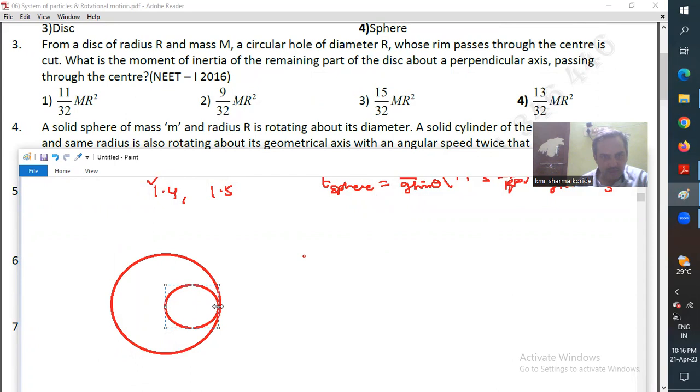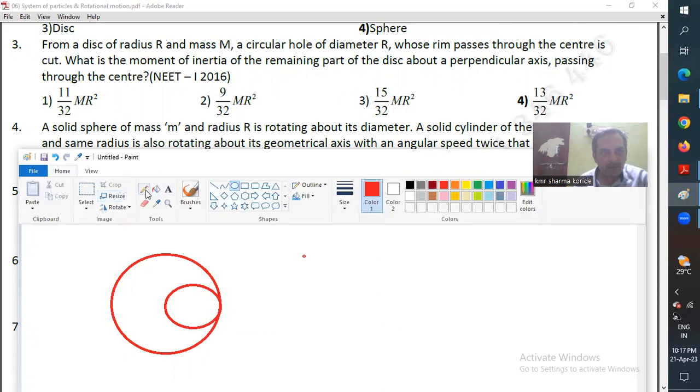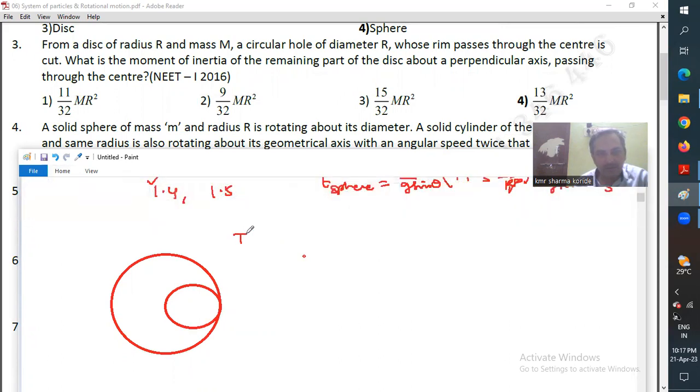So we can understand like this. First, let us write the moment of inertia of the remaining disk is equal to the moment of inertia total before we cut, minus the moment of inertia of the removed disk.